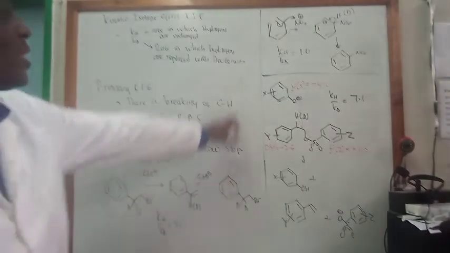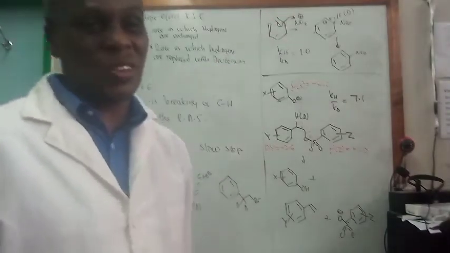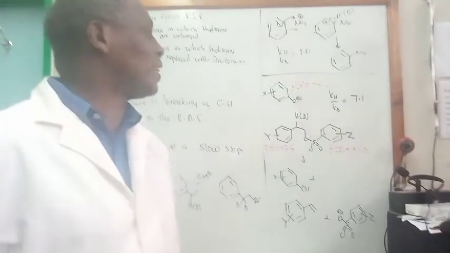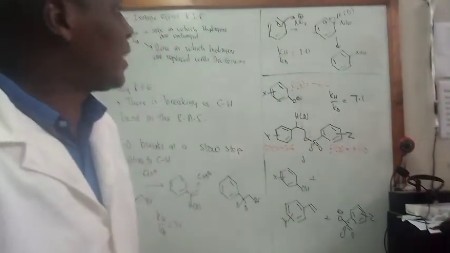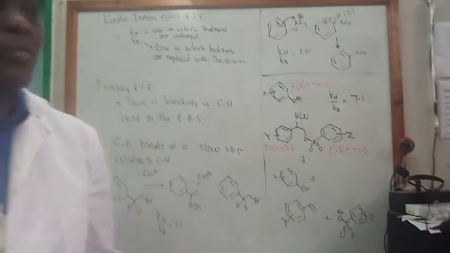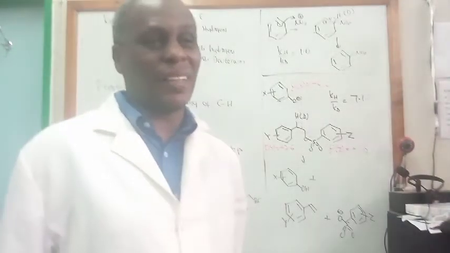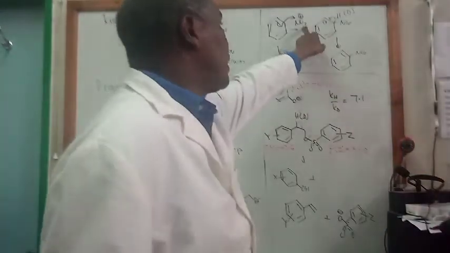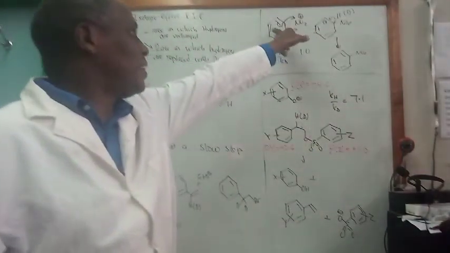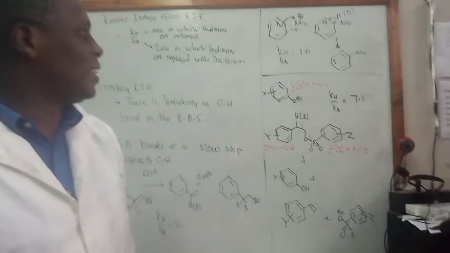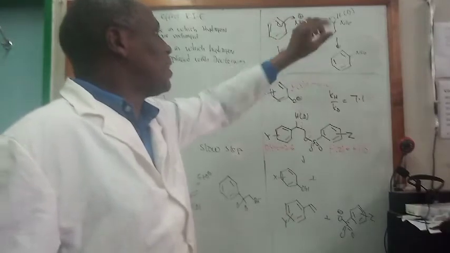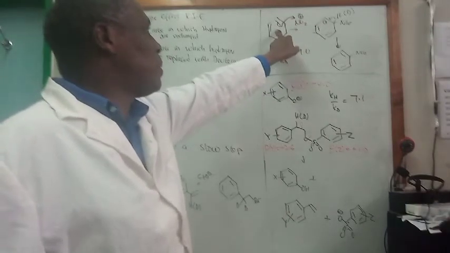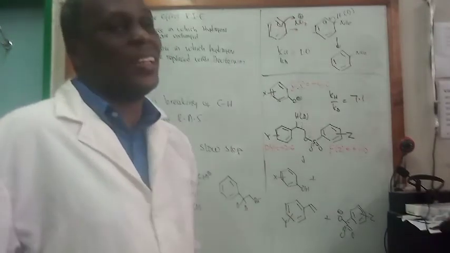Okay. So in this case, you've got the famous reaction that you know, the nitration of benzene. The benzene attacks the nitro group, which is formed by the reaction between the sulfuric acid and the nitric acid. This is the rate determining step, the attack of the aromatic ring on the nitro group.